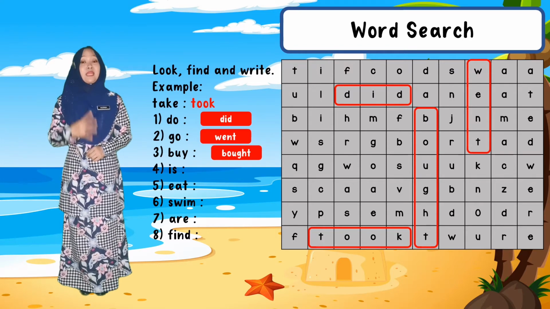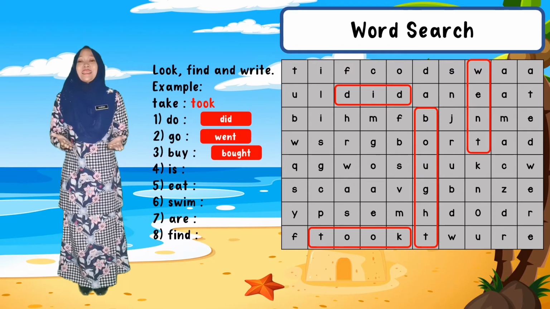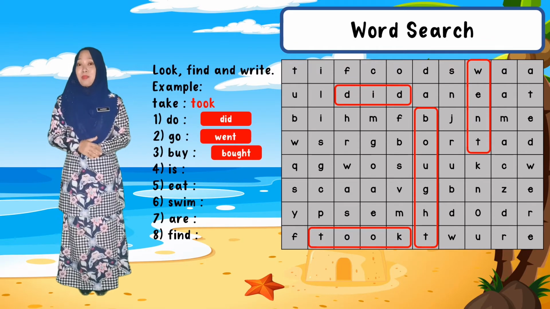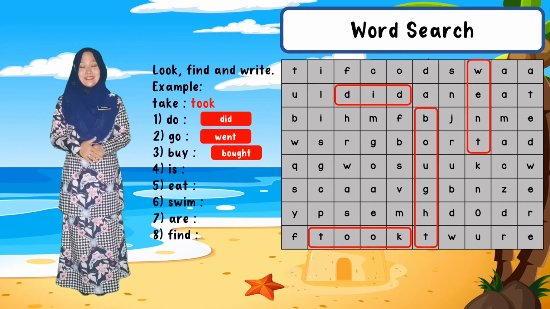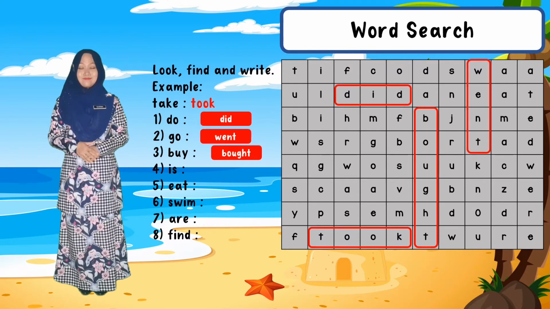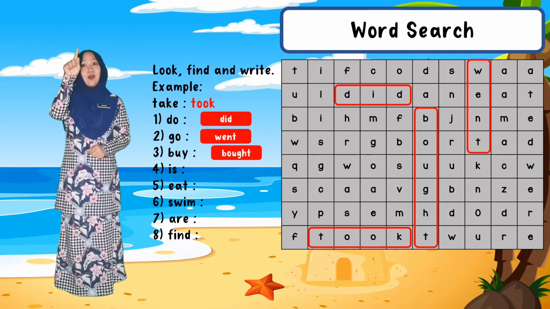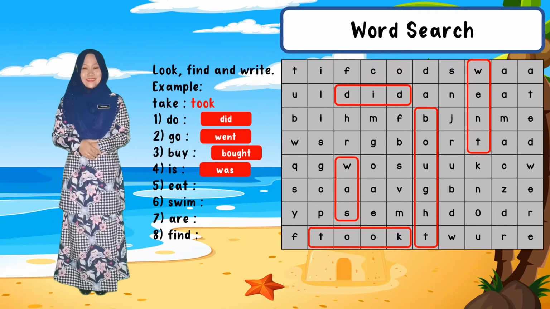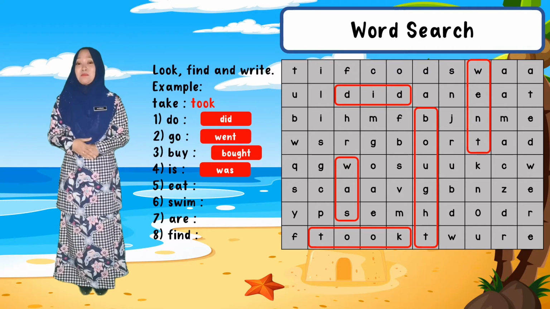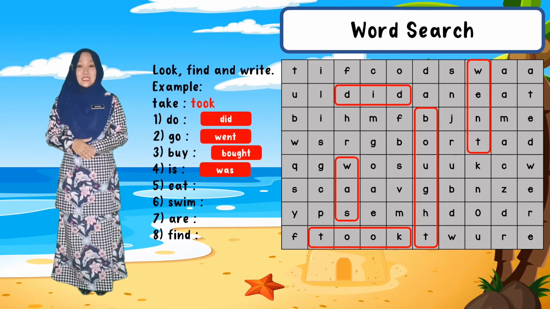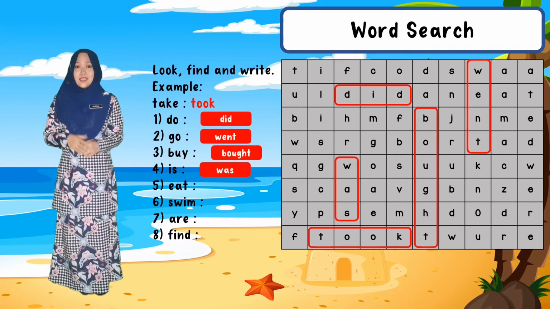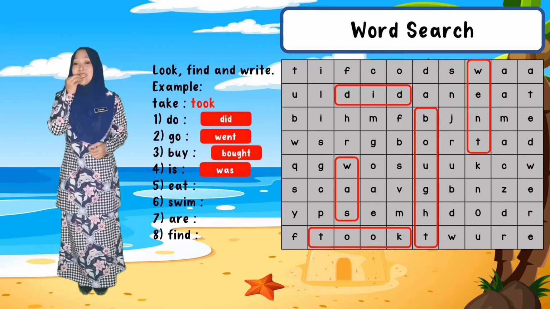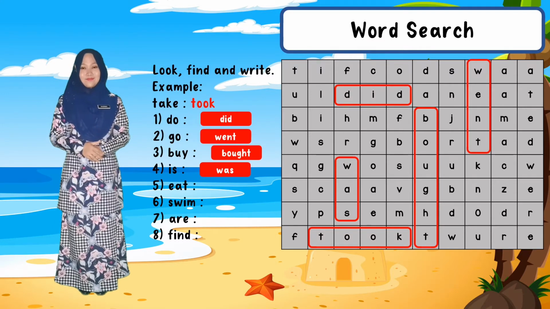How about verb number 4? Is. Can you find where is the past tense form of the verb is in the word search? It is from top to bottom. That is was. Next, verb number 5. Eat. Can you find where is the past tense form of the verb eat in the word search?